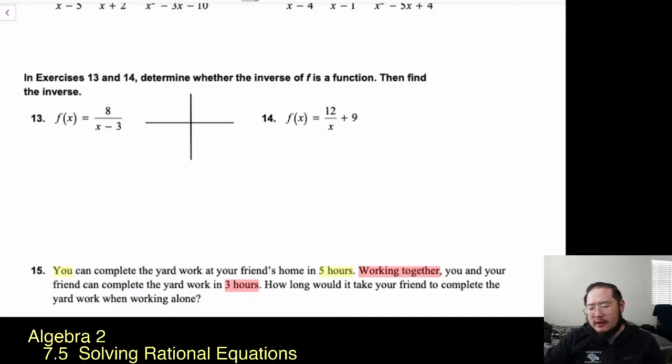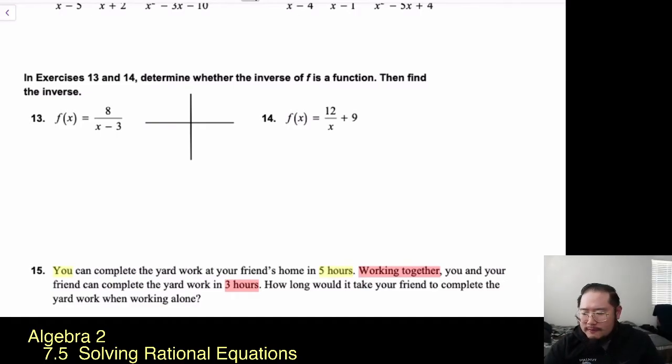So just like other problems, if we want to find the inverse, you got to go ahead and switch x and y. I noticed on the tests in chapter 6, some of you guys weren't really changing the equations correctly, and then you end up getting the problem wrong.